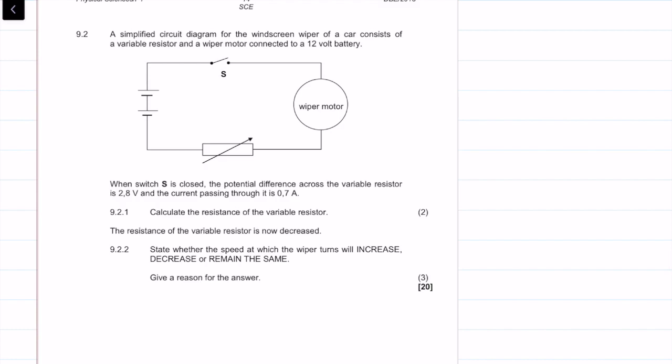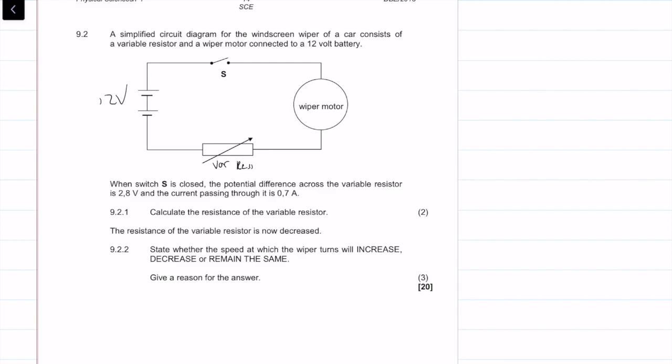Then we move on. Question 9.2 says a simplified circuit diagram for a windscreen wiper of a car consists of a variable resistor and a wiper motor connected to a 12-volt battery. So we can see the schematic. We've got our variable resistor, 12-volt battery, our switch of some sort, and our wiper motor.